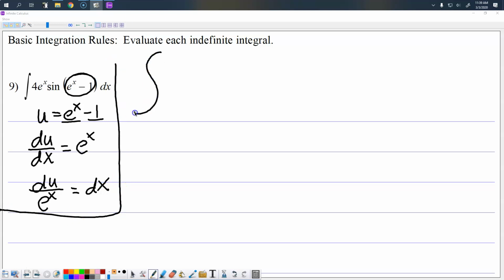Doing our u sub, we would end up with the following. Oops, didn't write that correctly. There we go. E to the x's cancel out, and I'm also going to pull that 4 out to the front.